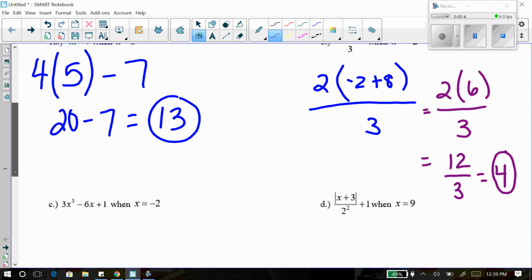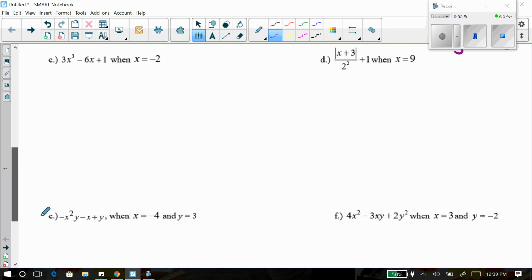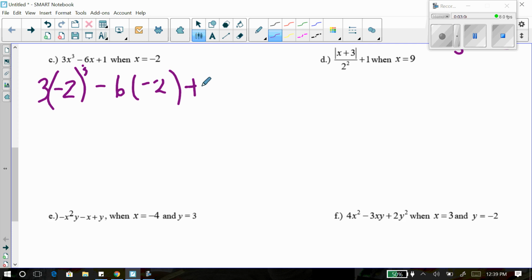All right, let's try C. What does this equal when x equals negative 2? Well, we'll substitute in negative 2 for x. So everywhere I see an x, I'm putting in a negative 2. And now we simplify. So we'll do our exponents first. Negative 2 to the third equals negative 8.